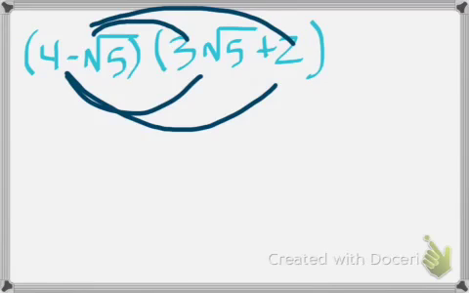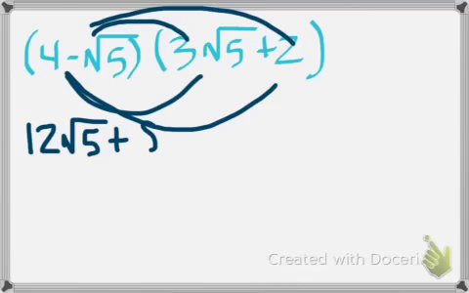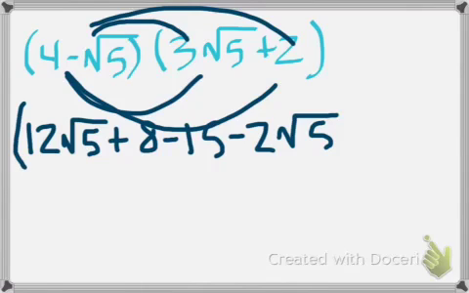Once you distribute, you take the 4 times 3 radical 5, and that is 12 radical 5. Then you take the 4 times the 2, which is 8. Next you take the negative radical 5 times the 3 radical 5, and both radical 5s cancel out, so you get negative 5 times 3, and that's negative 15. And lastly, you take negative radical 5 times 2, which is negative 2 radical 5. And of course, you multiply all this by 1/2.